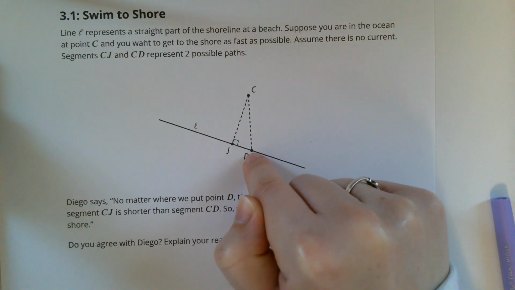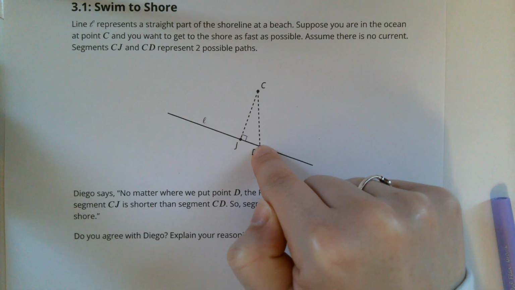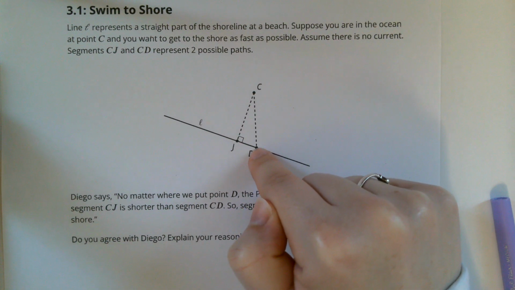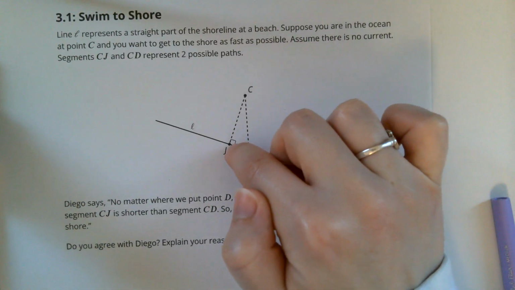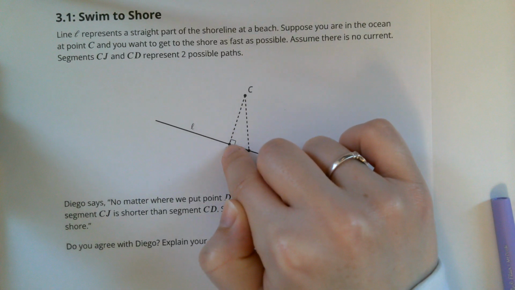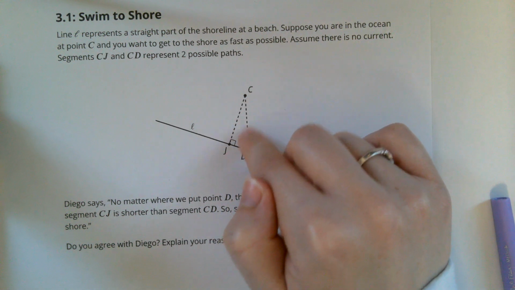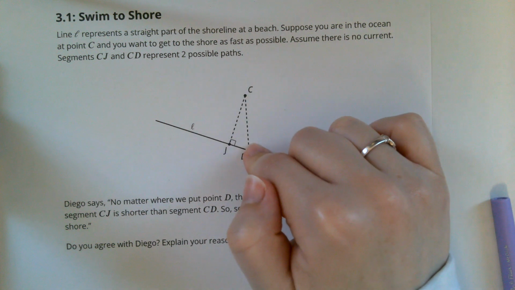I suppose a better way to say it would be that no matter where we put D, CD is never going to be shorter than segment CJ.